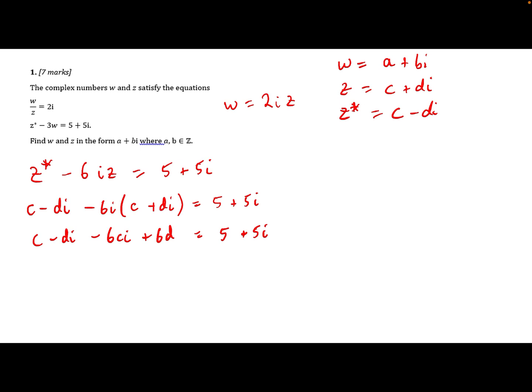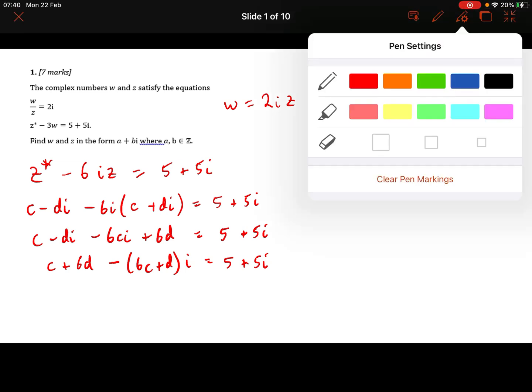Now let's write the left-hand side in its component form. We get c plus 6d, then minus (6c plus d)i, so we're just factoring out the i, and that is equal to 5 plus 5i.